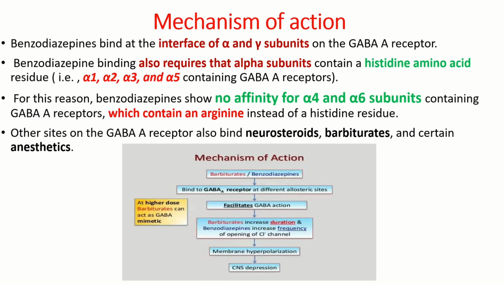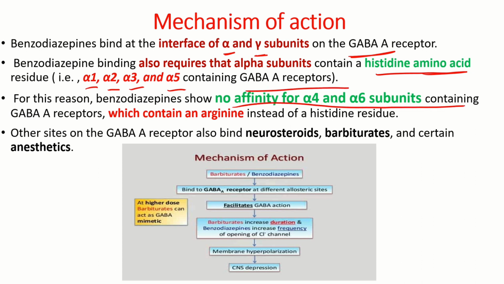Benzodiazepines bind at the interface of the alpha and gamma subunits on the GABA-A receptor. Benzodiazepine binding also requires that the alpha subunit contain a histidine amino acid residue, such as alpha 1, alpha 2, alpha 3 and alpha 5 of the GABA-A receptor.